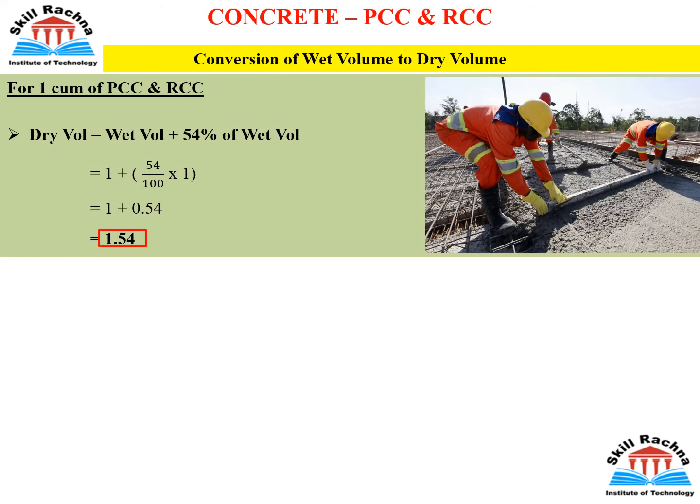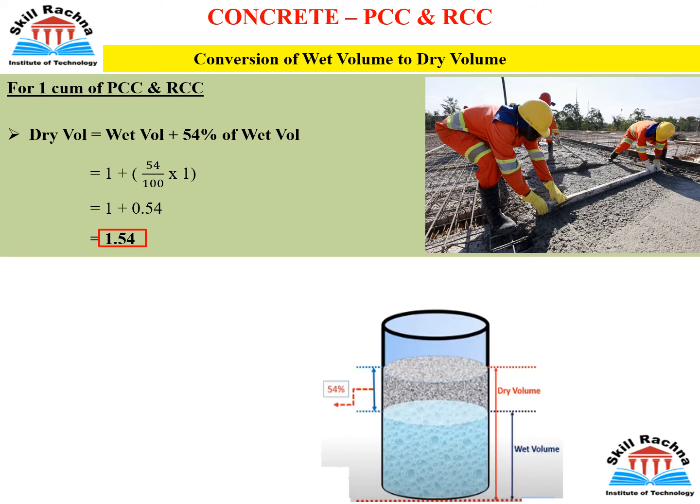Here we are going to see the conversion of wet volume to dry volume with a very small example. For example, I am calculating for PCC and RCC. We have already seen that from the quantity estimation I get the wet volume, and when I need to give the purchase indent, or buy the material, I require the dry volume. So the dry volume will be more than the wet volume, right?